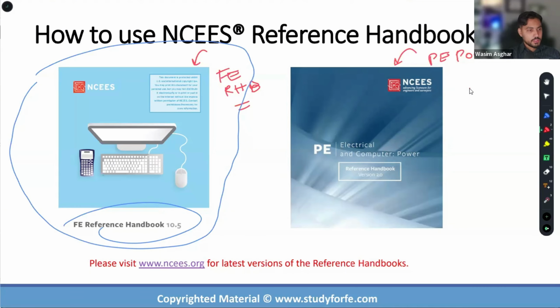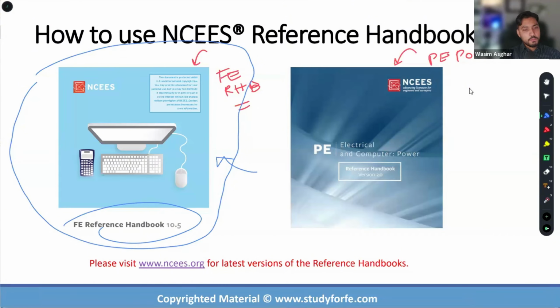But this is where things get interesting, right? If you start skipping the content that is explicitly mentioned in the reference handbook, for which you need to develop deeper understanding, then your risk of failing the exam is going to go higher and higher, because everything that is explicitly mentioned in the reference handbook, you should know inside out.